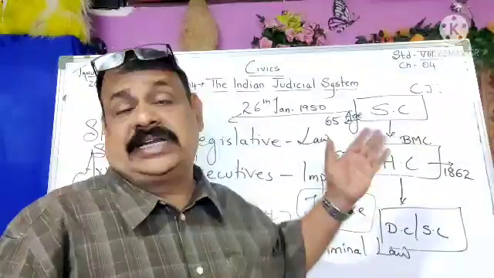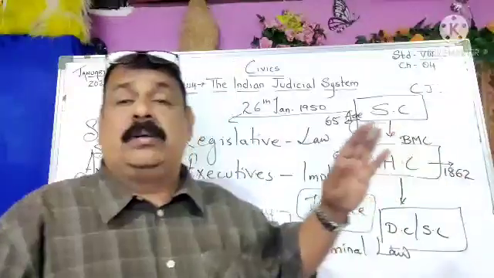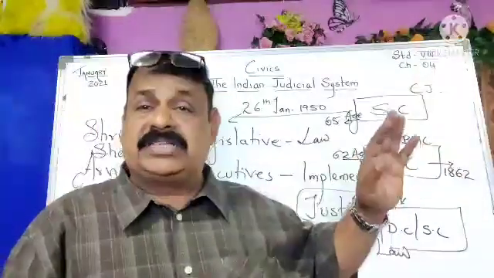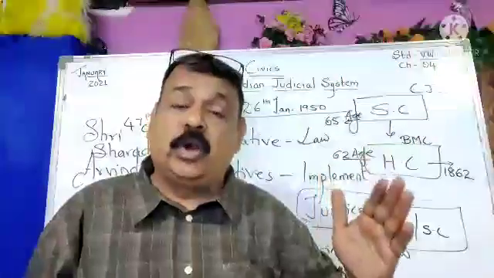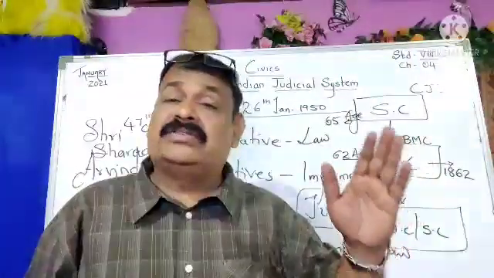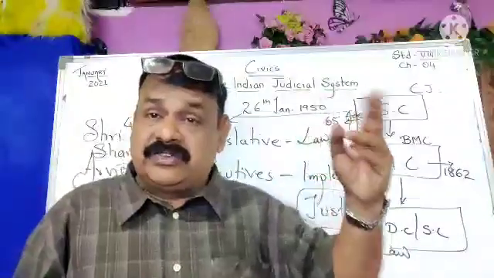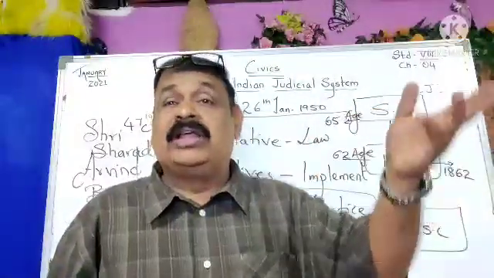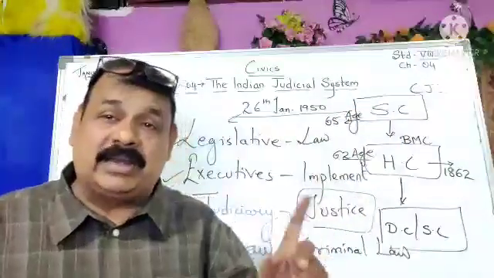Now, sir, can they be removed? Yes, they can be removed by the members of Parliament, including the Prime Minister and the President. There is a whole system that needs to be followed. But at the same time, you need to understand that once the decision is given by the High Court or the Supreme Court, that judgment cannot be discussed by a member of Parliament or by any parliamentarian.